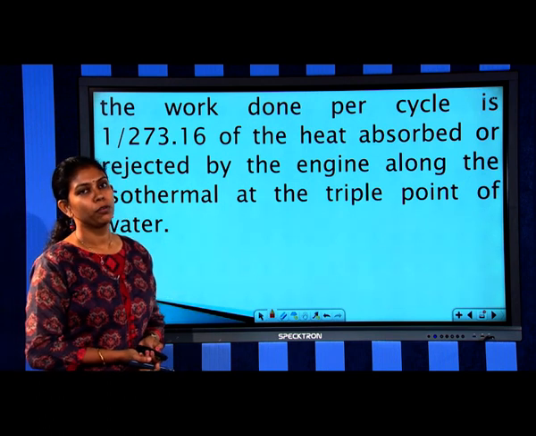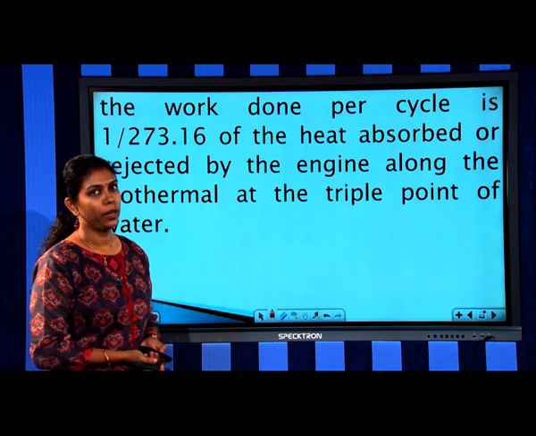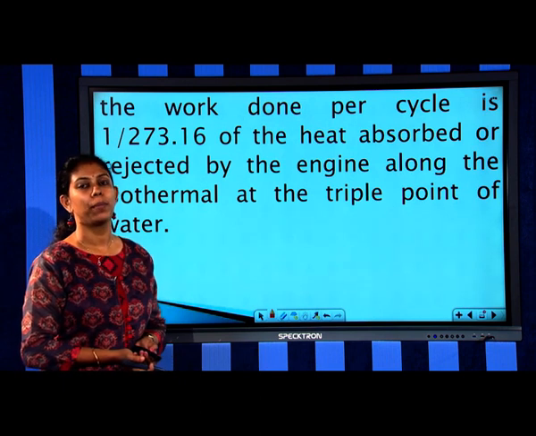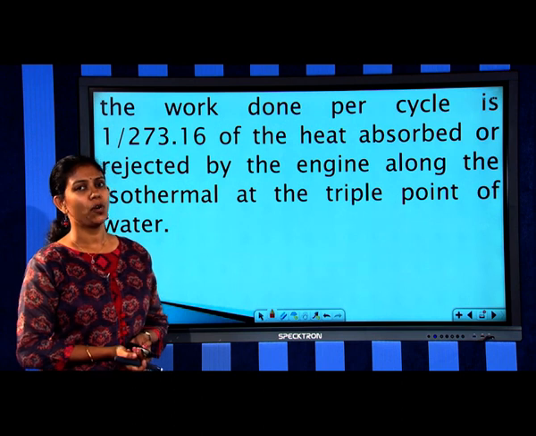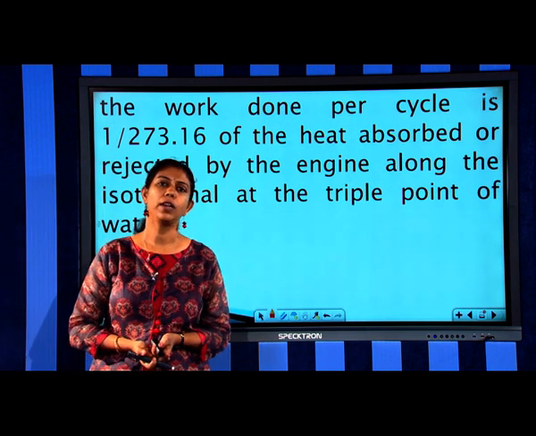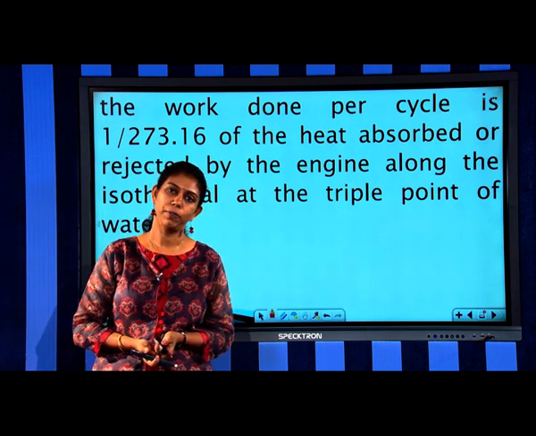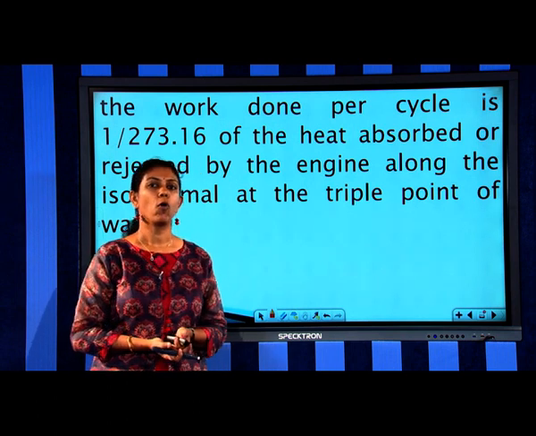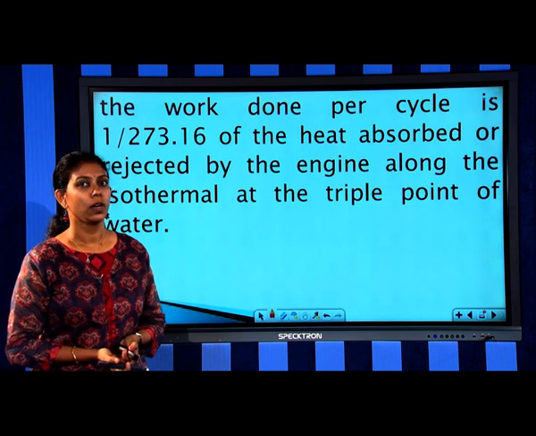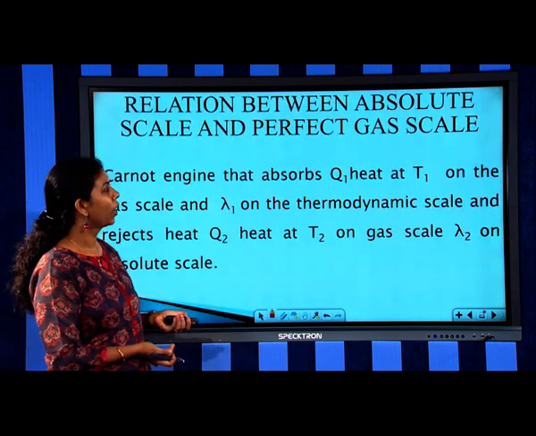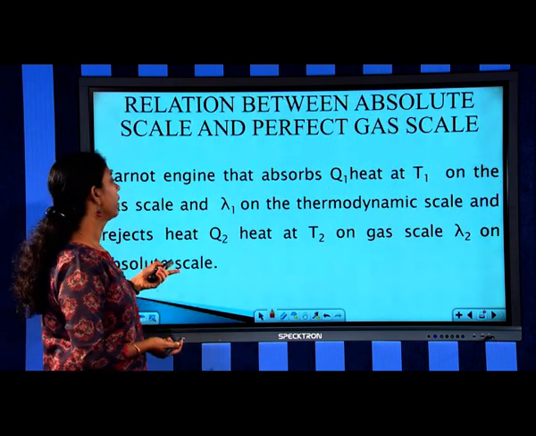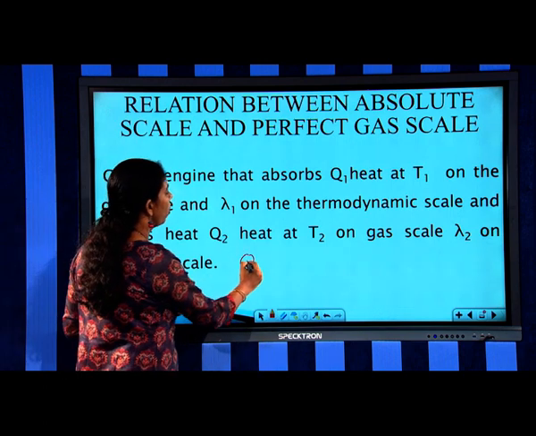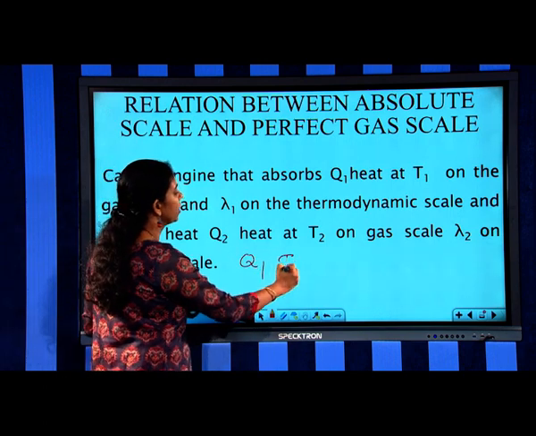Then we go to the relation between absolute scale and perfect gas scale. In order to derive the relation between absolute scale and perfect gas scale, consider a Carnot engine that absorbs Q1 heat at T1 on the gas scale and lambda 1 on the thermodynamic scale.